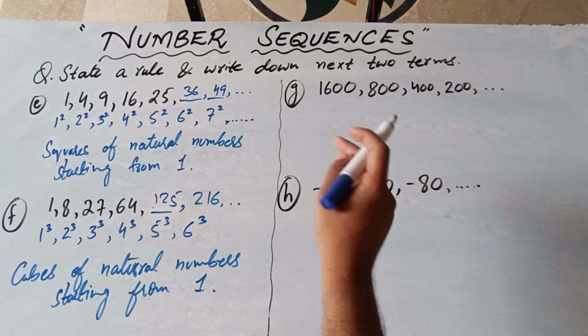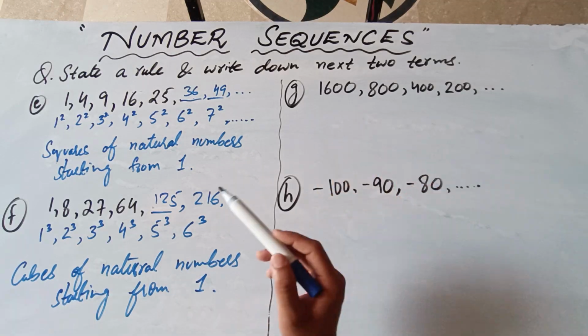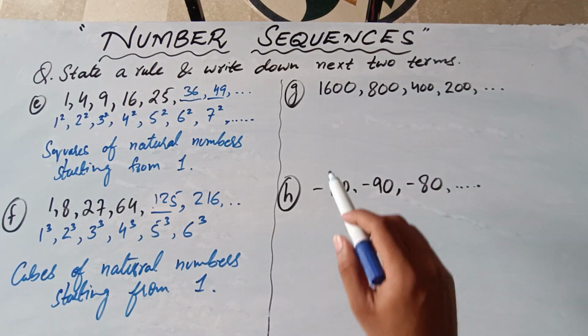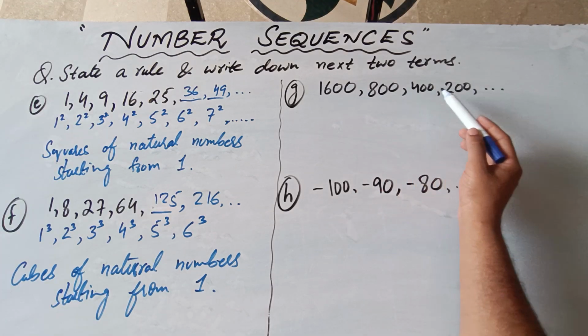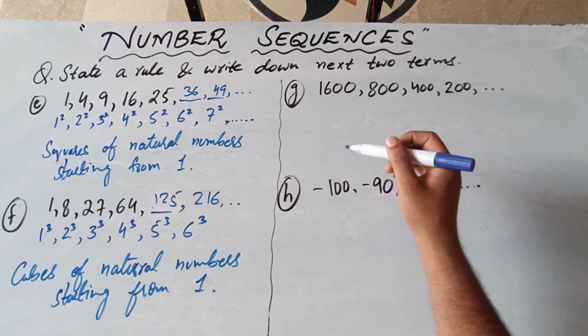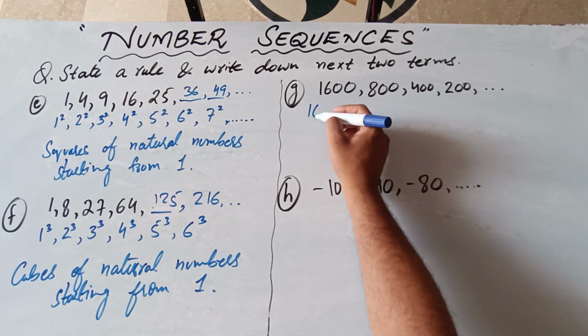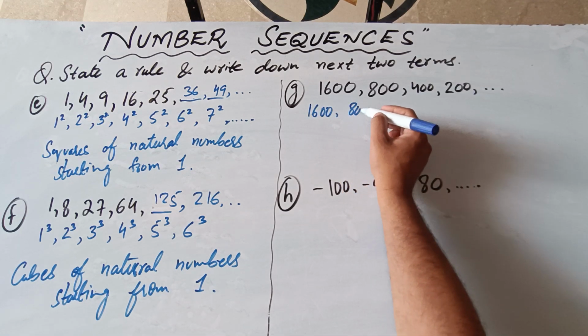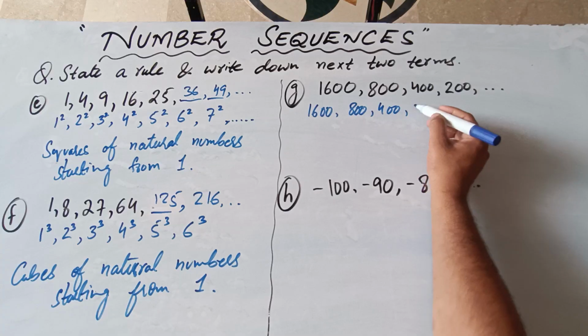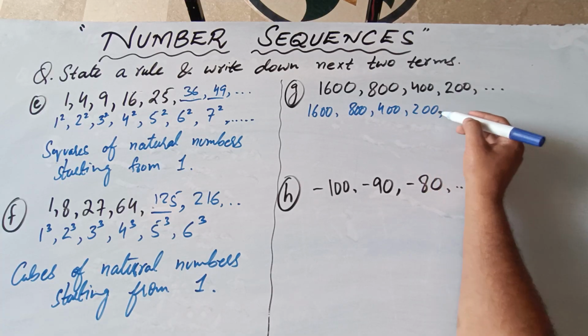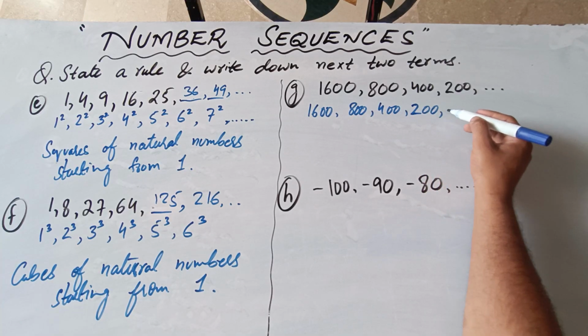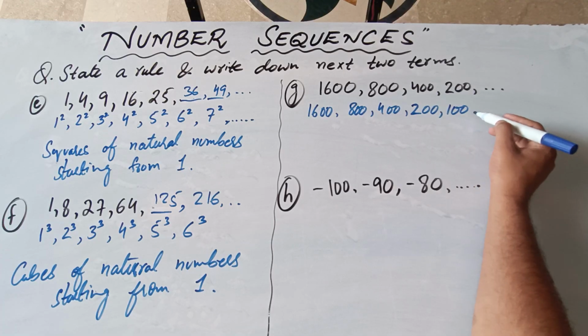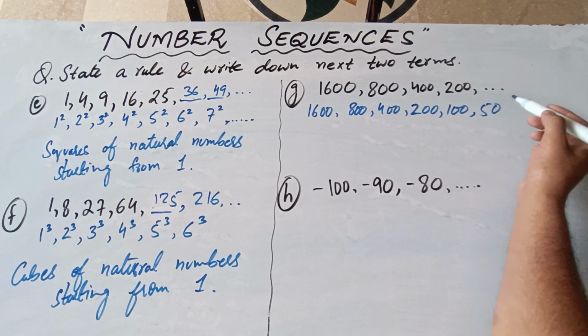Now let's look at this one. The numbers are getting decreased. What is happening? 1600, 800, 400, 200, means getting half. Getting half means dividing by 2. So the next two terms: if we divide 200 by 2, we get 100, and if we divide 100 by 2, we get 50.